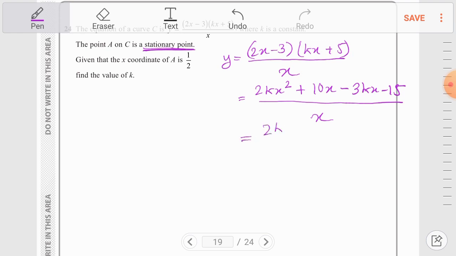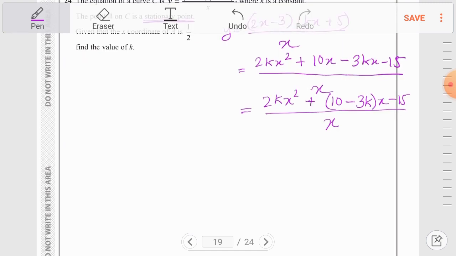As the denominator x is for everyone, so I'm going to write x individually for each term. So that would be 2kx square divided by x plus 10x divided by x minus 3kx divided by x minus 15 divided by x. You can cancel out these x's and this x with x square.